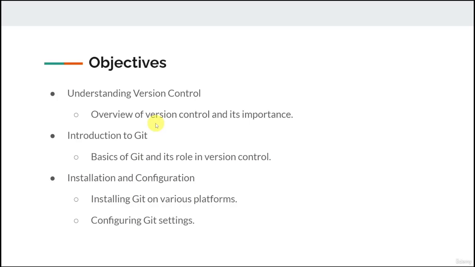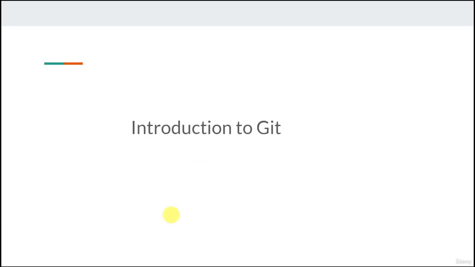Git is an example of a distributed version control system. We are going to learn the basics of Git, why we use Git, and finally how to install and configure Git on various platforms, in the sense of operating systems. Okay, let's start.